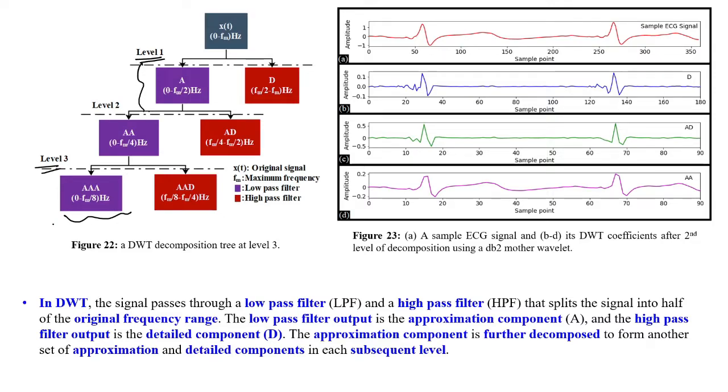So here we are changing the width. Changing that width is regarded as scale, and here it is regarded as A. So at a higher level your scale is low, at a lower level your scale is higher.